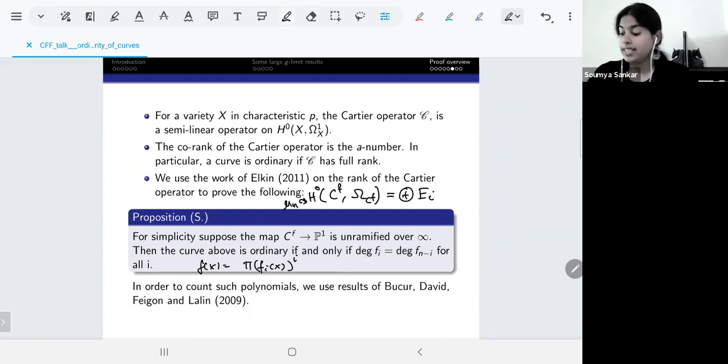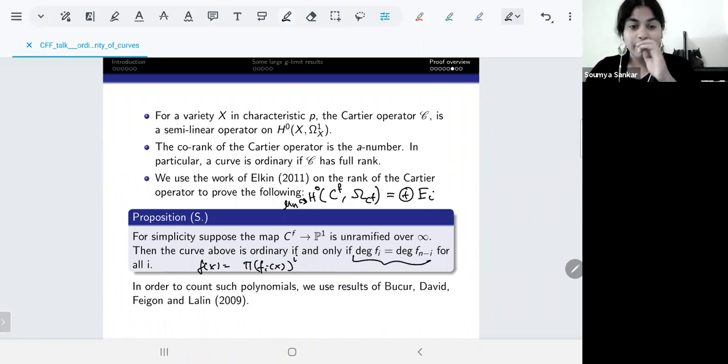And so what Elkin does is they describe the action of the Cartier operator on each of these eigenspaces, and then describe the rank in terms of the dimensions of these eigenspaces. And so using that, you can show with some amount of work that the curve is ordinary if and only if this sort of criterion is satisfied.